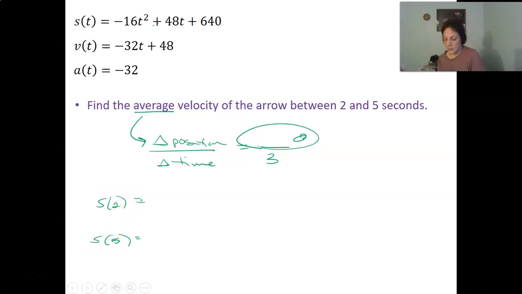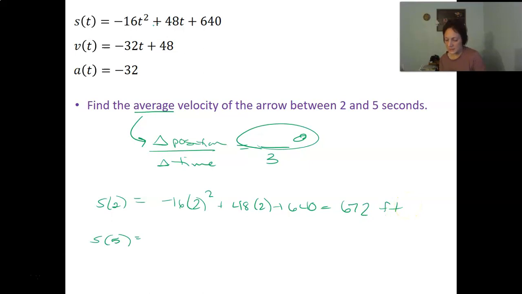All right, so S of 2, negative 16 times 2 squared plus 48 times 2 plus 640. So this is, let me write that out for you, negative 16, 2 squared plus 48 times 2 plus 640, and my handy dandy calculator tells me that is 672 feet. That's where it should be. Okay.